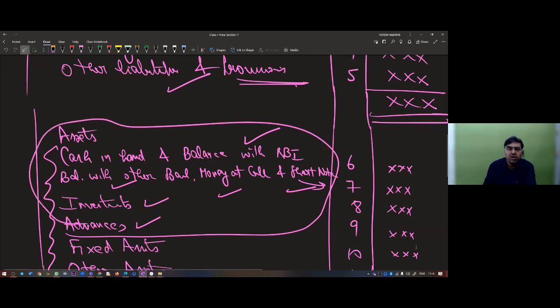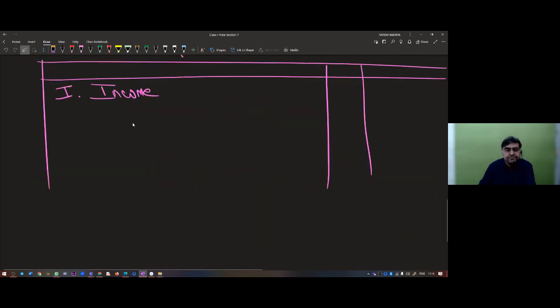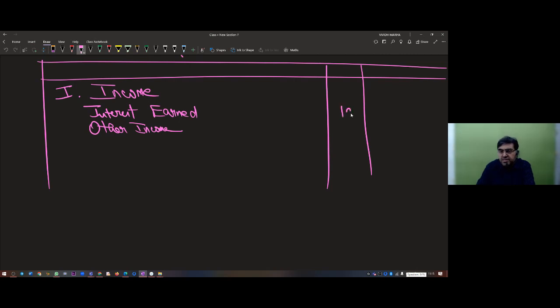We will call it interest earned. And other incomes, for example, locker rent, sale of asset, we'll call it other incomes. This is schedule number 13, schedule number 14.